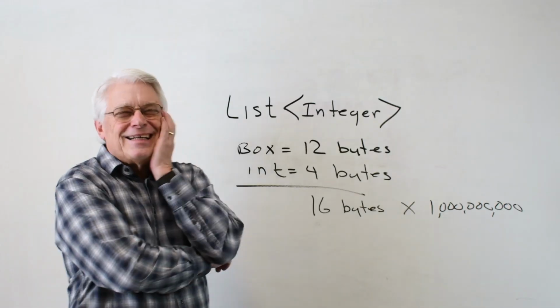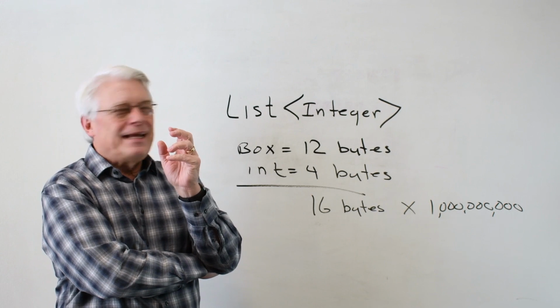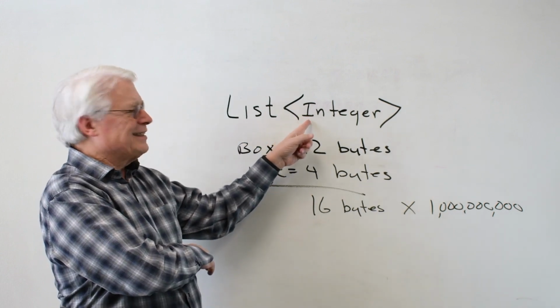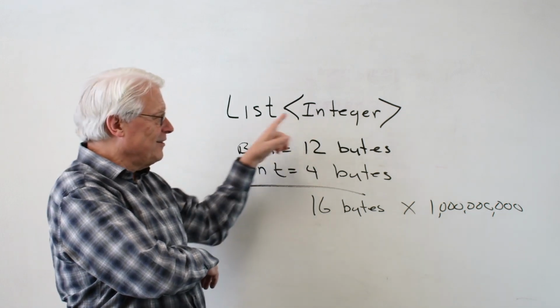The current algorithm returns a list of all the prime numbers it finds, and we're going to ask it to find 1 billion prime numbers, which means it's going to return a list of 1 billion integers, and well, that's a lot of memory. The current Java algorithm returns a list of boxed integers, the capital I integers instead of the lowercase i integers.